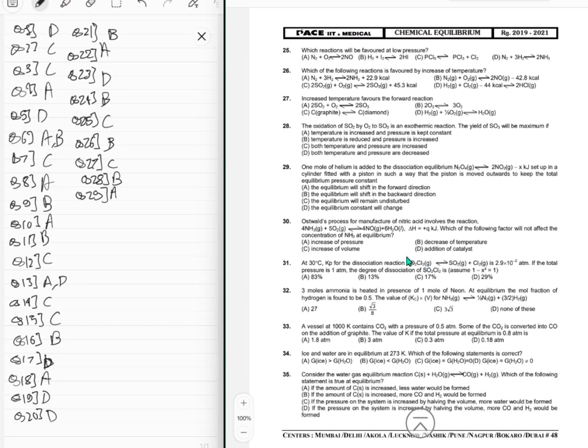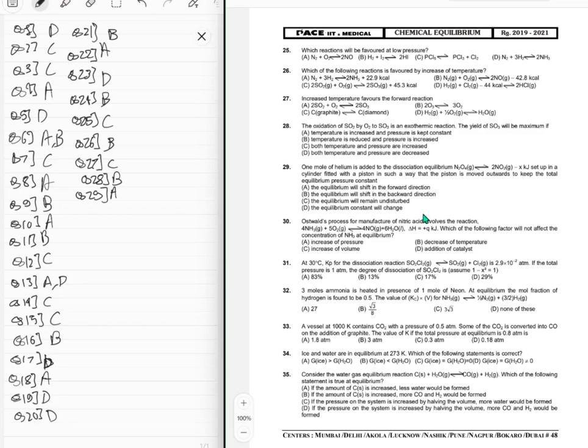Okay, cool. Next you have 30. Ostwald's process for manufacture of nitric acid involves this reaction. Delta H is given. Which of the following factors will not affect the concentration of NH3 at equilibrium? So it's got NH3 plus O2 gives NO2 plus H2O.